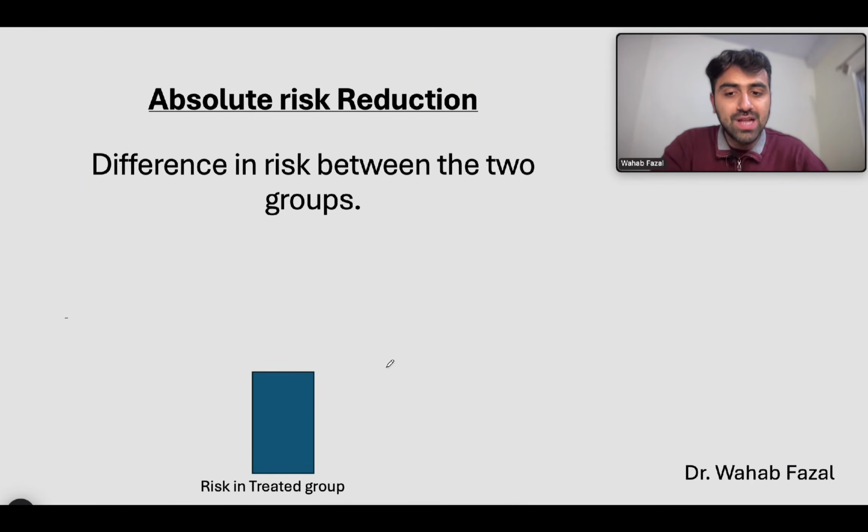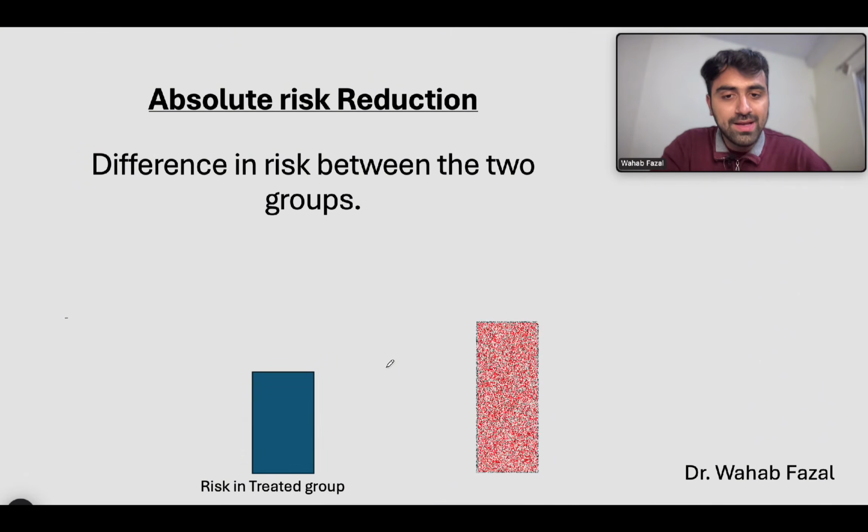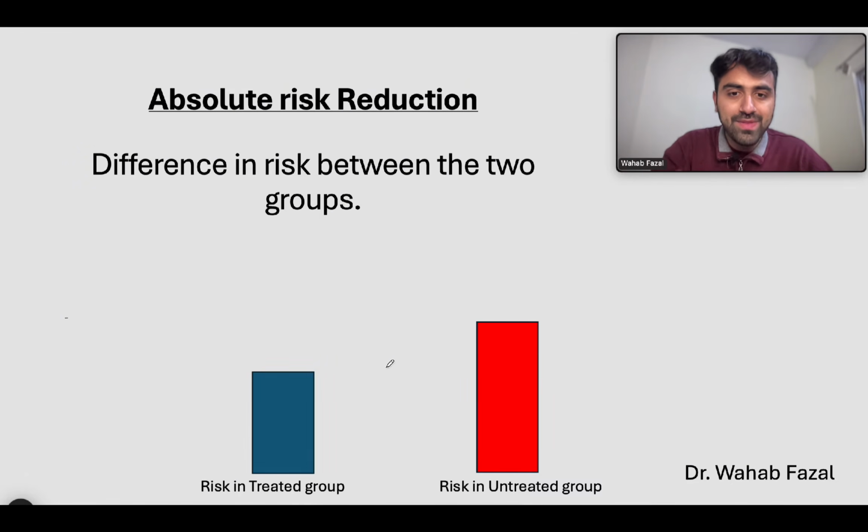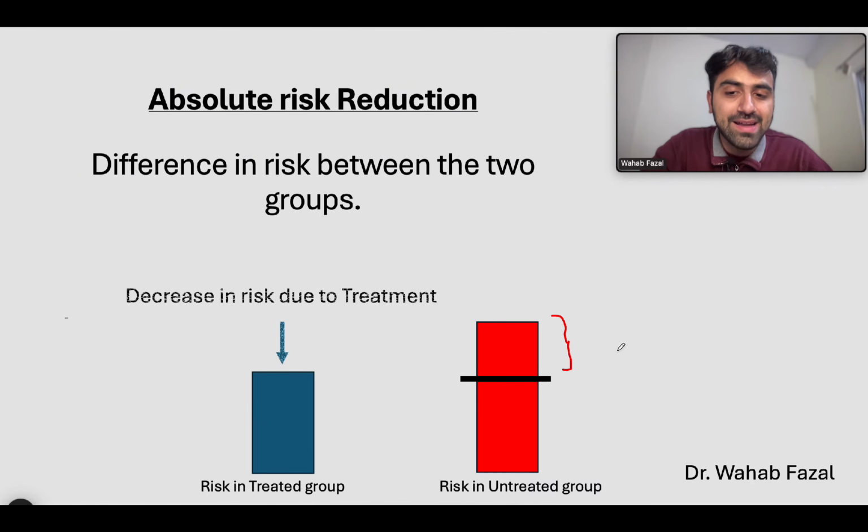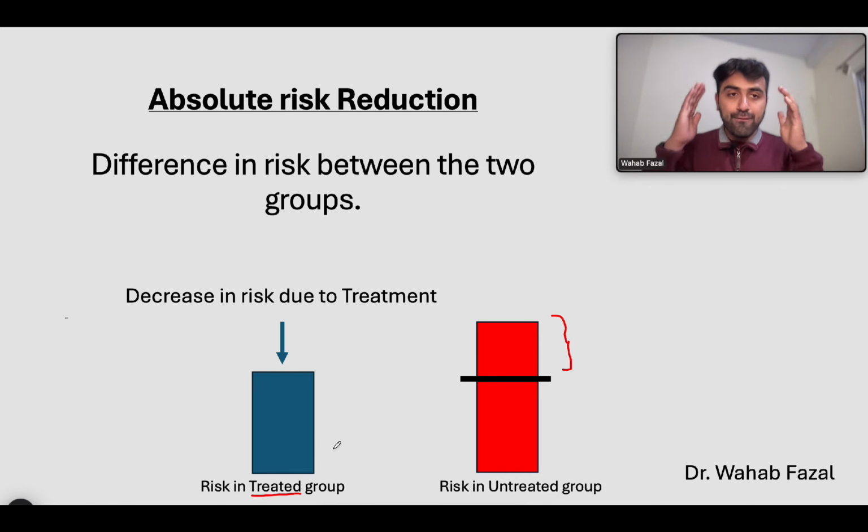This is the risk in the treated group, this is the risk in the untreated group, and this difference right here is called ARR, or absolute risk reduction. The risk that is reduced in the treatment group due to the medication is called ARR. Both of these values are exactly the same. Their formulas are the same, just these groups are switched up.